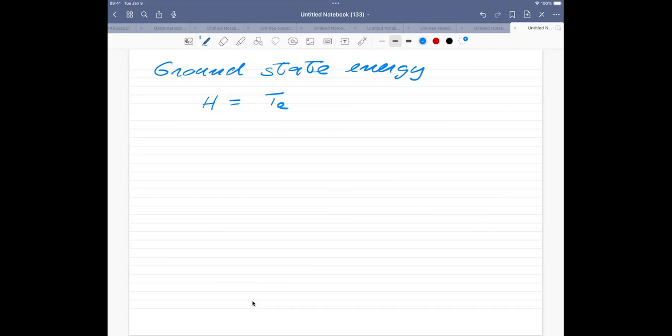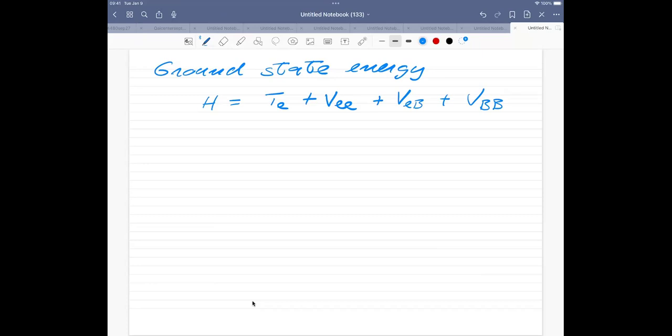Then there is a piece which is the electron-electron interaction, so the two electrons repel each other. And we have the term V electron-background, B for background, plus a term which is the two background ions interacting with each other.